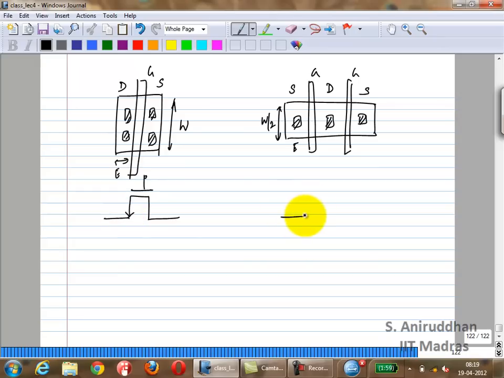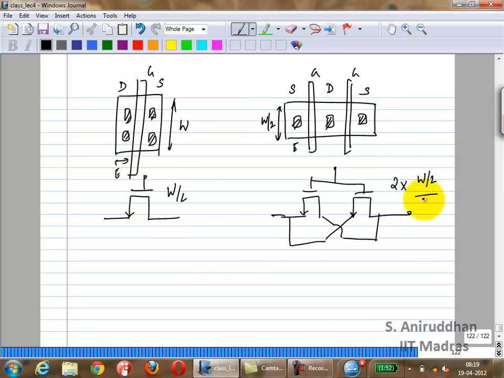This would look like this. You would want to make something like this. These are the two transistors you have. All I've done is take the same transistor and split it into two fingers.